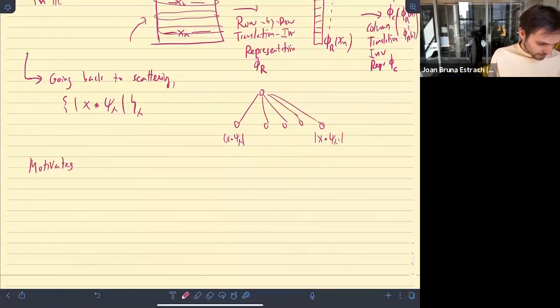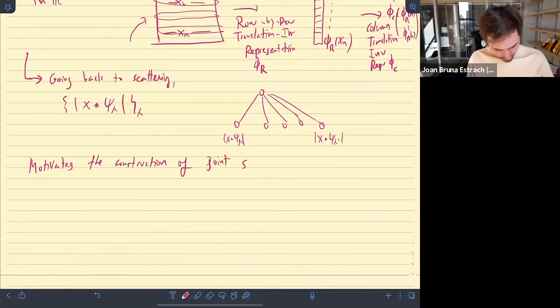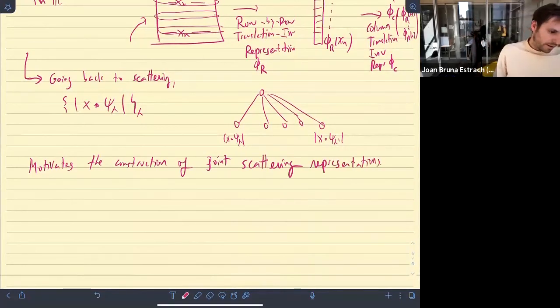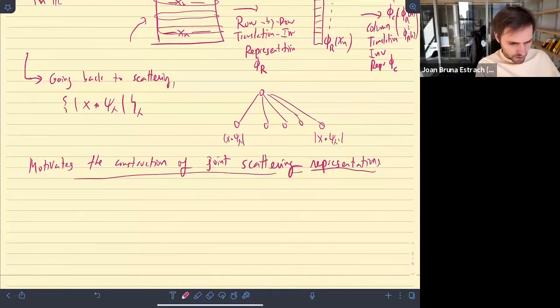the construction of joint scattering representations. We are just going to very briefly introduce what we mean by that.